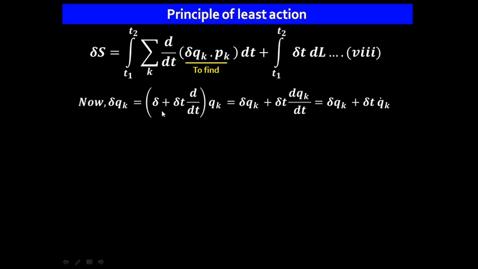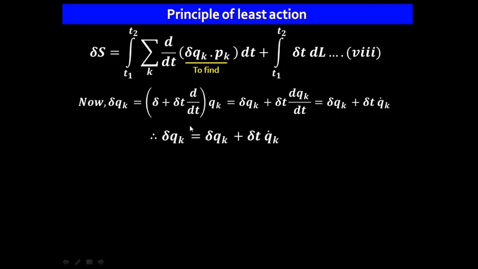So delta qk is equal to delta qk plus delta t d by dt of qk, and dqk by dt is qk dot. So we got delta qk is equal to delta qk plus delta t into qk dot.